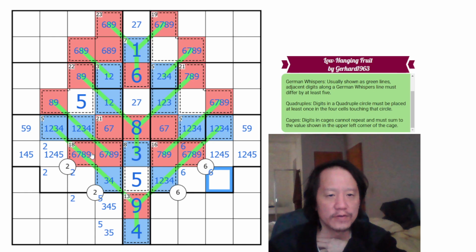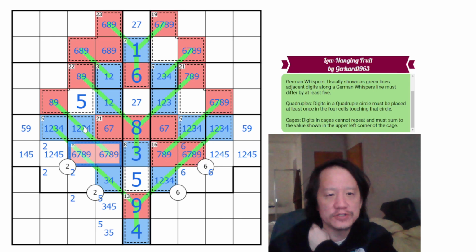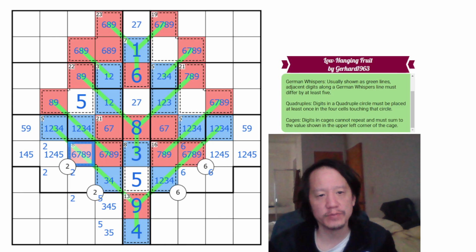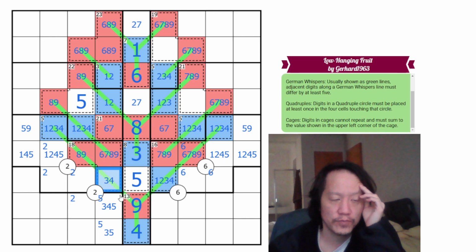So if one of these has to be 6, right? One of these 3 cells have to be a 6. If they're a 6, the 1 has to go with it. So this can't be 6, first of all, then, because this can't be 6 or 7 because it can't be next to 3 or 4.